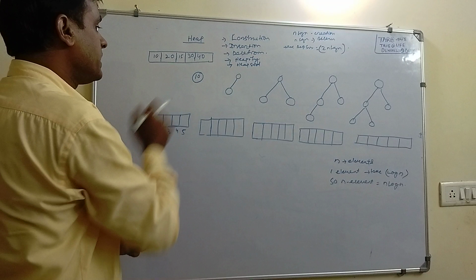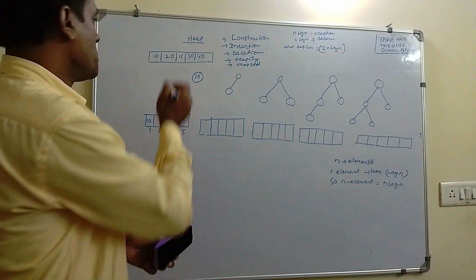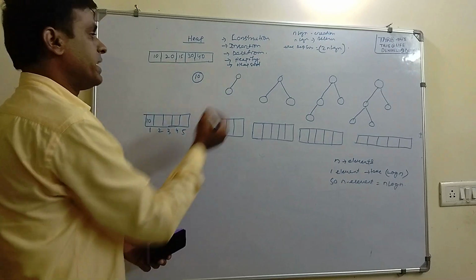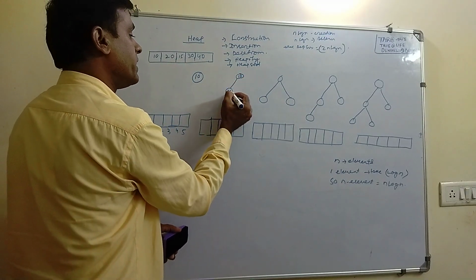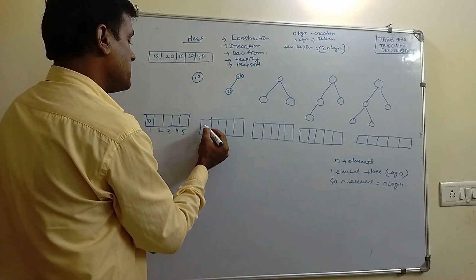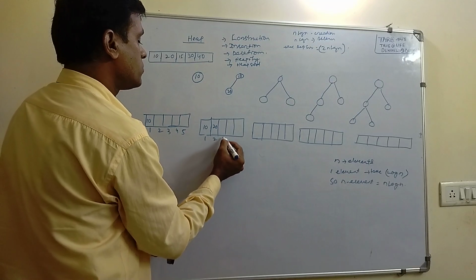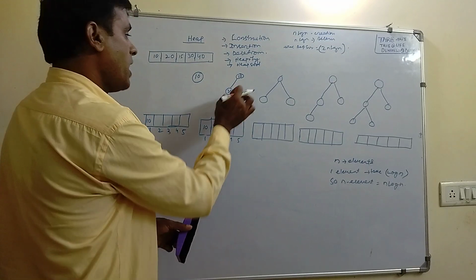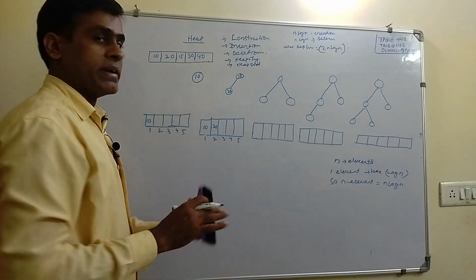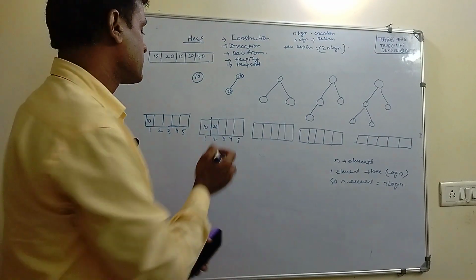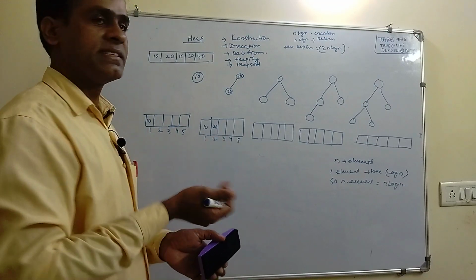After inputting 10, I want to show you how you will construct the heap with the other elements. Suppose 10 is your first element and you want to insert 20. Now you insert 20, at index 2, and you compare the element with its parent. As I have already told in my previous class, if an element is at the ith position, then its parent is at i by 2.